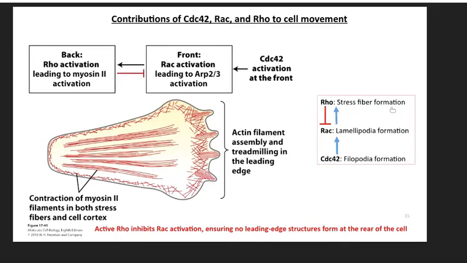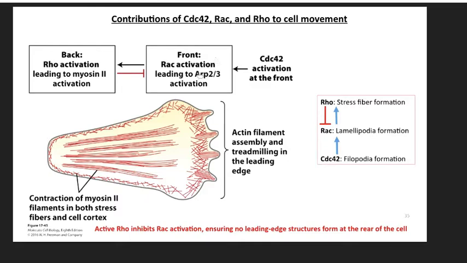Now, if I say that on the back, Rho activation is affected by what? In general, it can be both of them, but in a signaling pathway, we say the previous molecule or the next molecule. Okay, so Rho activation is affected directly by RAC activation.